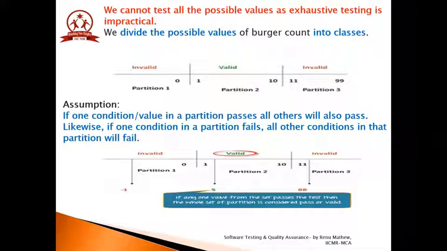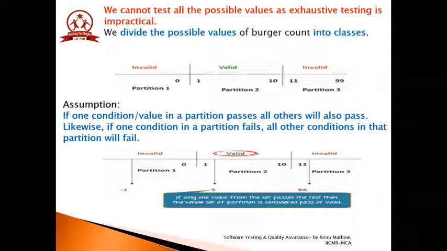We know that testing with all possible values is impractical, as possible values of inputs can be any negative or positive number or 0. So we divide the possible values of burger count into classes. These divided sets are called equivalent partitions or equivalent classes.